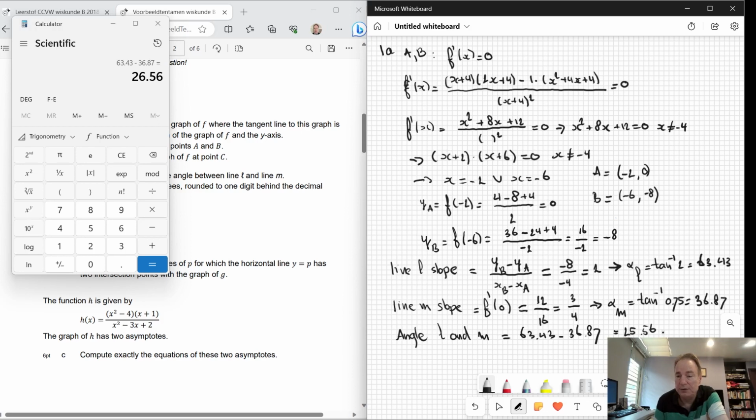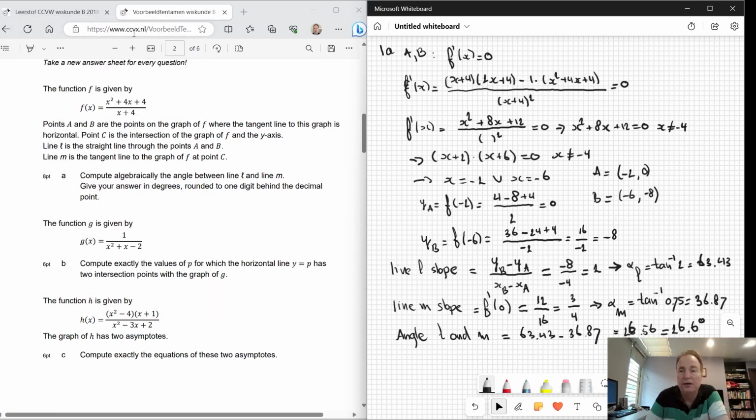Up to 1 decimal, 26.6 degrees. So that's the answer of 1A.